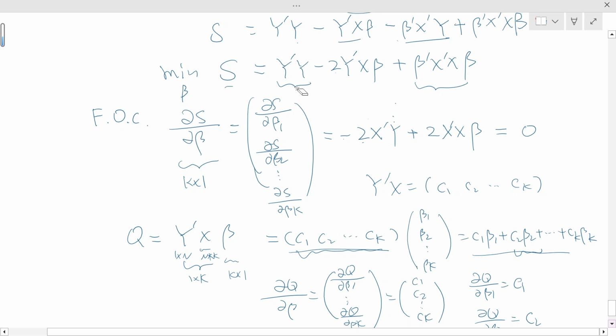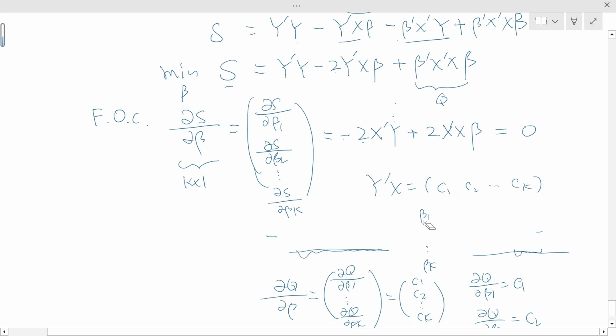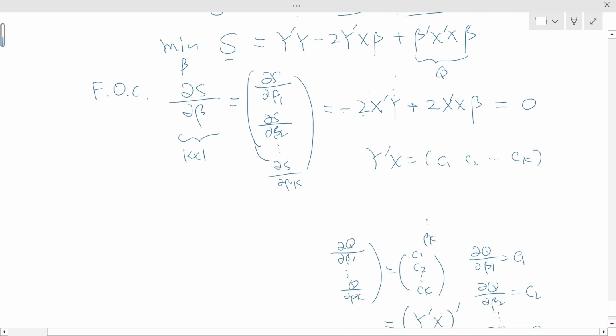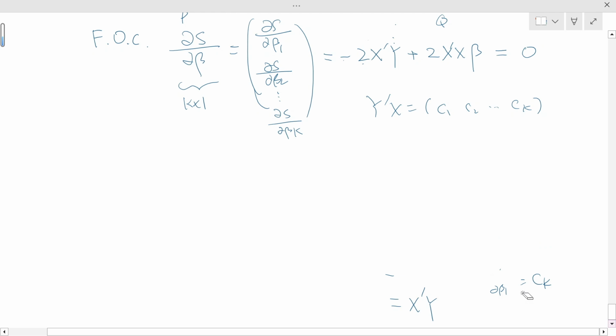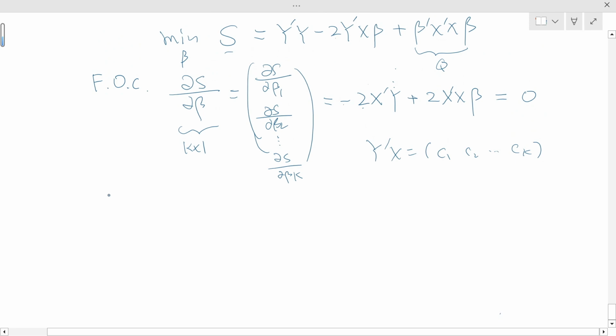Let's look at the third term. Let's call this term q.